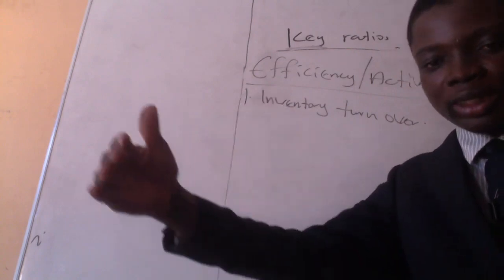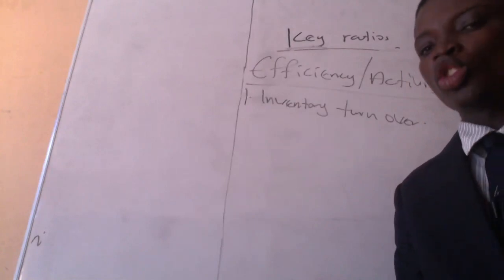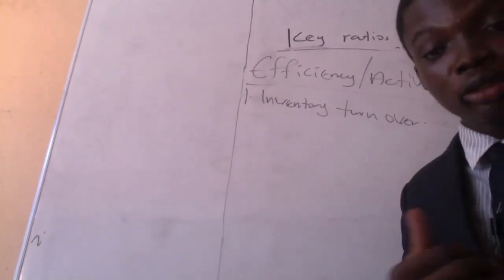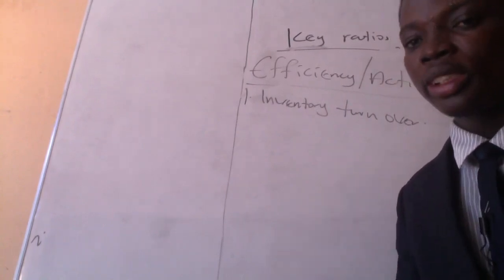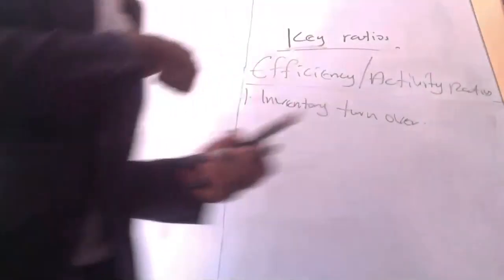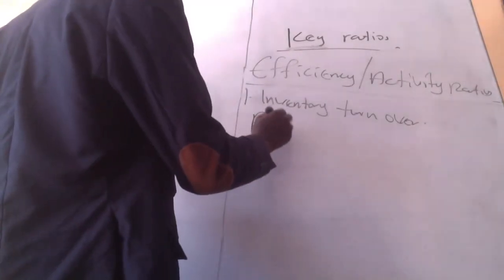So the period it takes you to sell your goods after you get them to your shop: does it take you a longer period or a shorter period to sell your goods? So that's the inventory turnover. Good. You can measure this ratio in two ways. We have it in period.